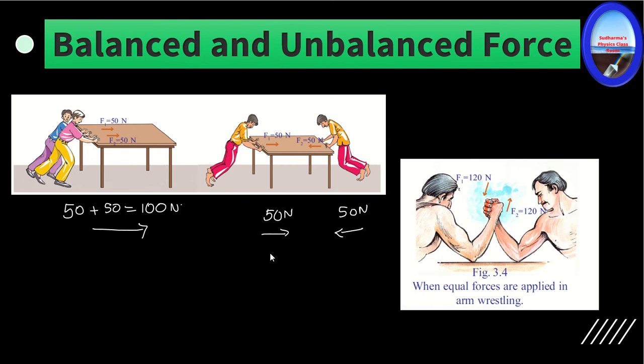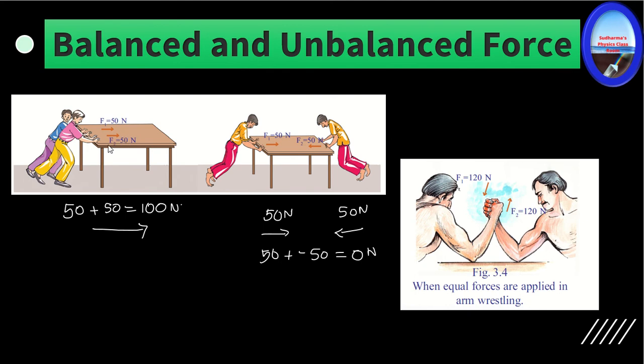So it becomes 50 plus minus 50, that is equal to 0 Newton. In the second case, the forces cancel each other. But in the first case, they get added up because both are applied in the same direction. So here it is an unbalanced force.